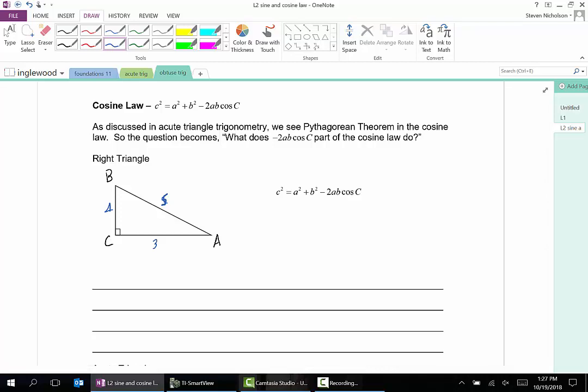So this is a nice example, and what I want you to recognize, and we've talked about this last unit, is this is the Pythagorean part. Pythagoras is in the cosine law. If we plugged in the numbers here, here's what we would get: 3 squared plus 4 squared minus 2 times 3 times 4, the cosine of 90 degrees.